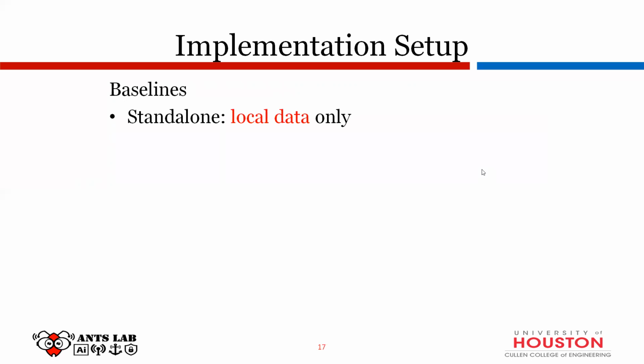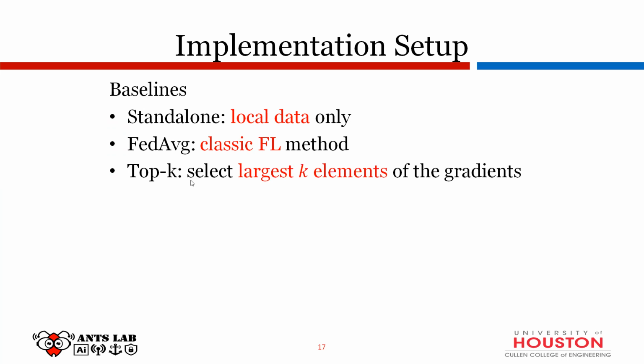And the baselines, these are the ones they are compared with. Standalone is just doing the local data training only. FedAvg, which is the federated learning we know nowadays, and Top-K, where they select the largest K elements of the gradients and do the federated learning.